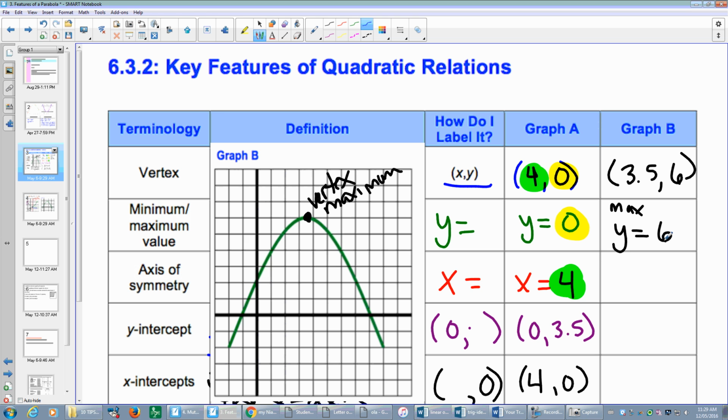Dante, my axis of symmetry. Where is that? Pardon? What is it? How do I write it? Look at the A example and tell me what would it be here. Okay, now can you tell me how would I write that answer?